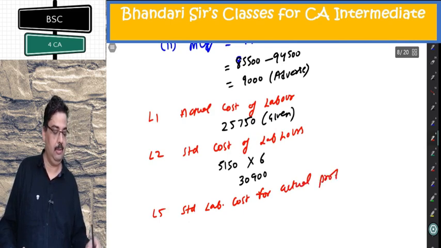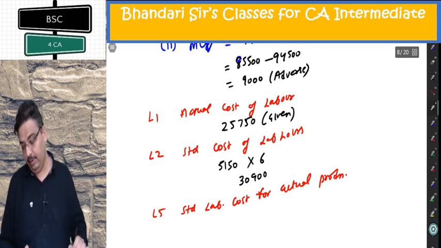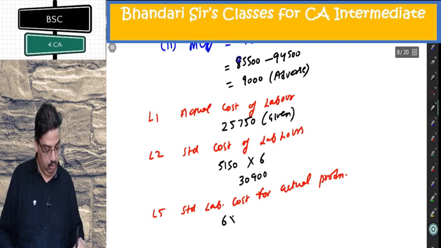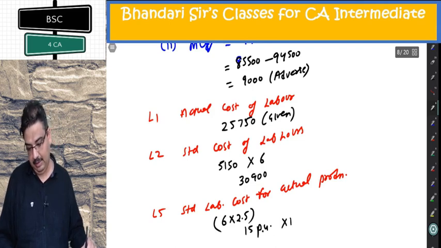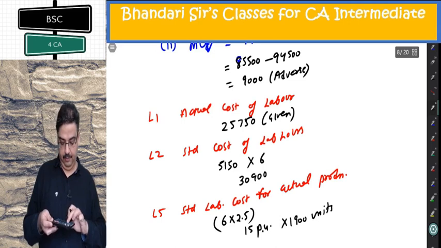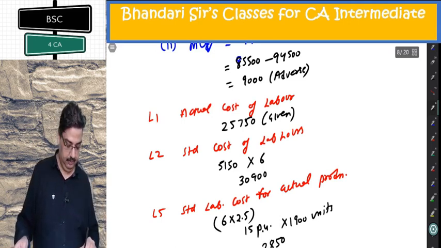By now all the steps should be clear. It's the last question we are doing before doing the interpretation. We are having 6 into 2.5, 15 per unit applied on actual output 1900 units. 15 into 1900. I'm getting 28,500.